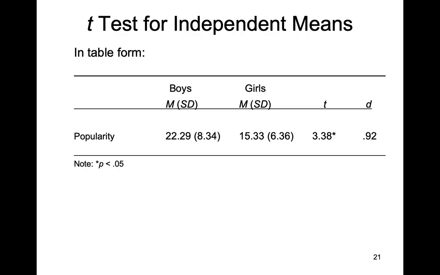When reading a research report, you might see this. In a journal article in which this study was originally published, they'll report the descriptive statistics for boys and girls, with a mean popularity rating as well as a standard deviation. Then they'll say they did a t-test. This was our t, and you'll notice a little indicator that it was statistically significant. And then here's the effect size.